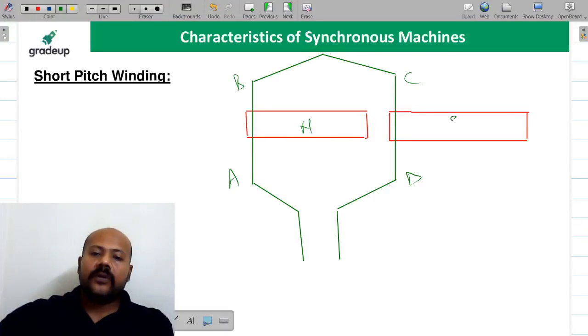This is the north pole, this is the south pole. So what do you have? You have a coil span.